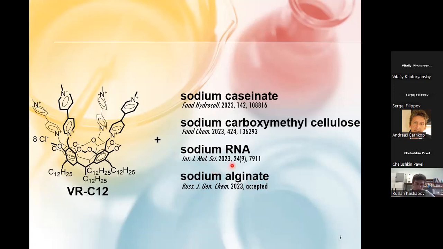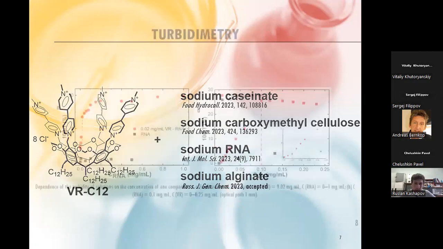The features of aggregation of these four mixtures are identical in that the driving force of intermolecular interaction is the electrostatic attraction of oppositely charged fragments. In order not to take much time, let me give you some more details about the mixed composition with the RNA.